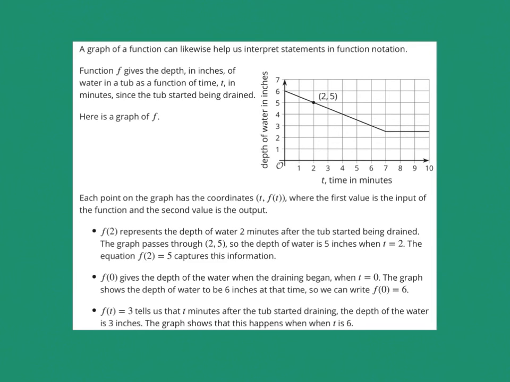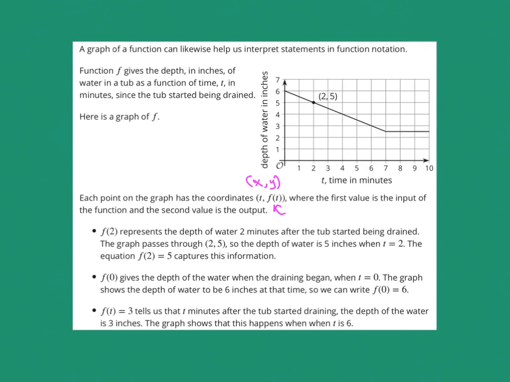I don't know. Each point on the graph is t and f of t, right? So when I look at that t, f of t, I'm thinking x, y coordinates. So f of t is a fancy way of saying y, where the first value is the input and the second value is the output.